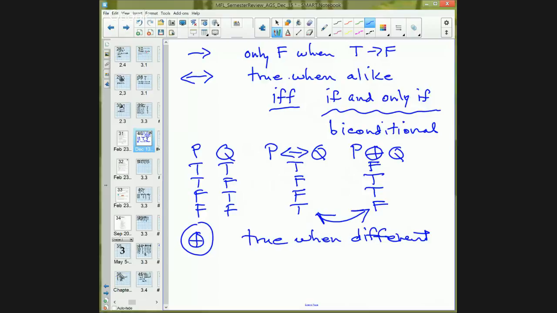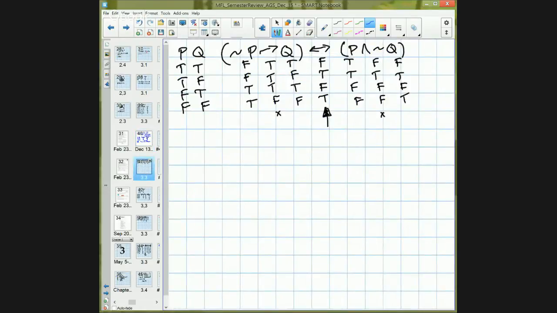Okay, let's see. I forgot, which section was this? This was 3.3. Do we want to ask some other 3.3 questions? I can show you some others. I've got this one, which uses conditional and the biconditional. I don't know if you want to go through that. I'm good with this.